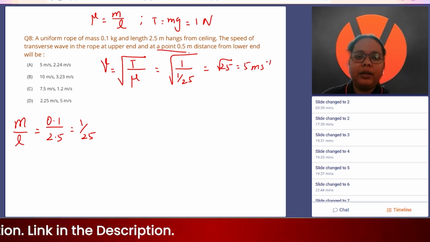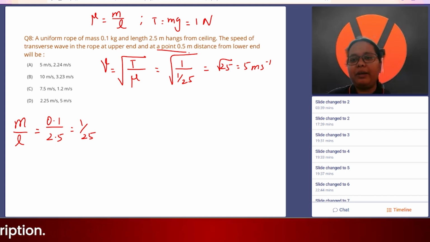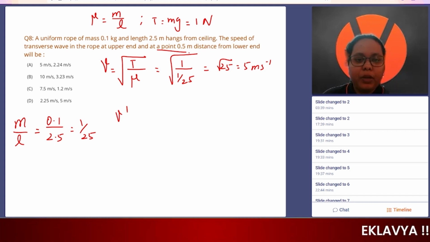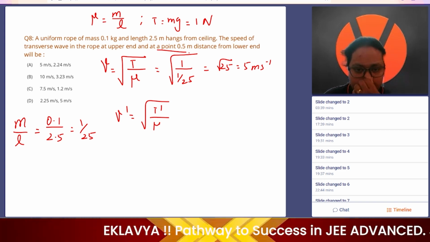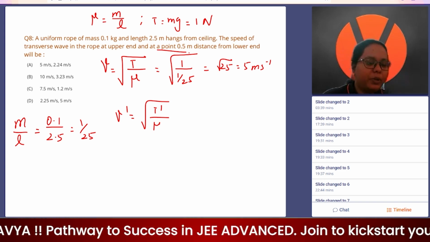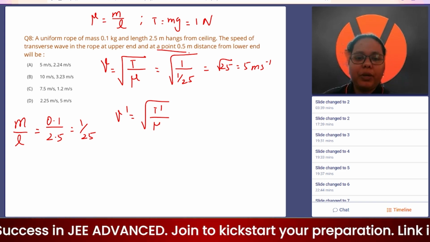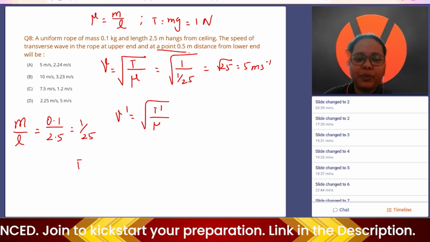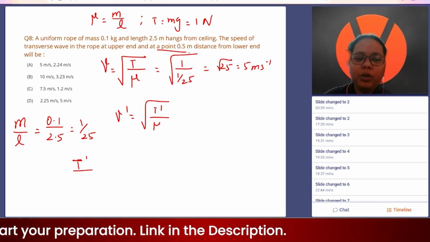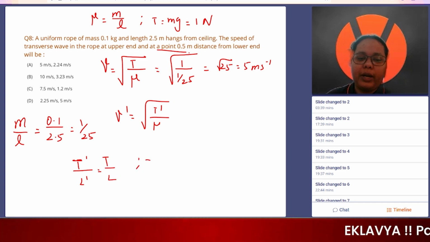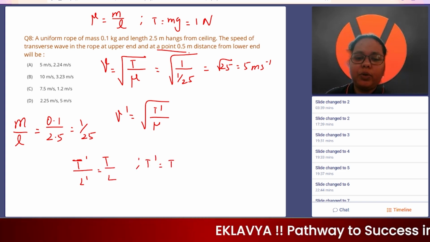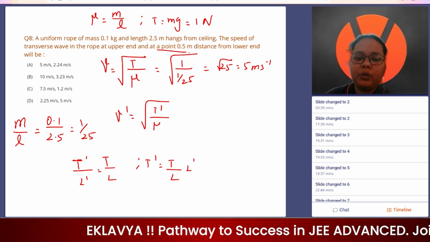Right? And at a point 0.5 meter, again they ask. Now you just keep it as T dash by mu. Mass per unit length is going to be the same, right? So 1 by 25. T dash value, as we discussed earlier, total tension in total length is equal to small tension in small length. So T dash is going to be T by L into L dash.